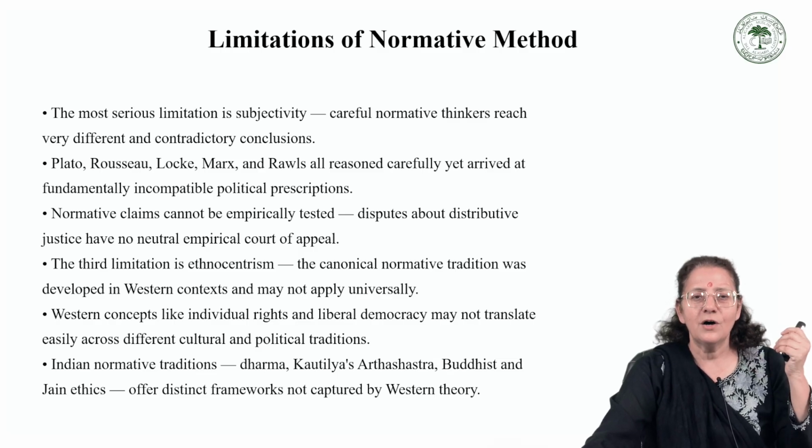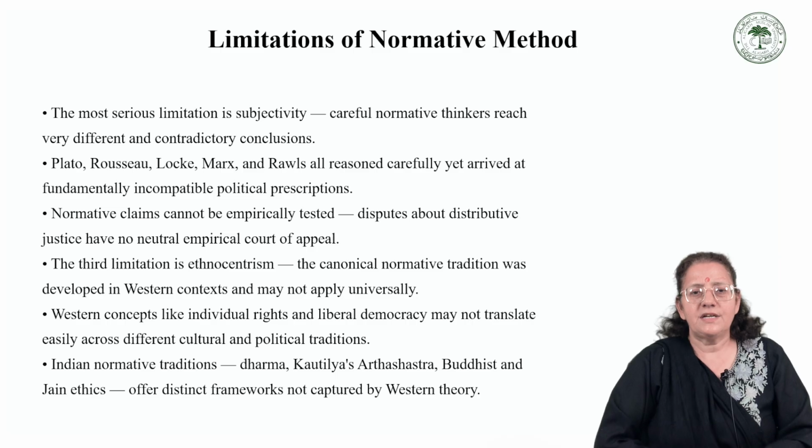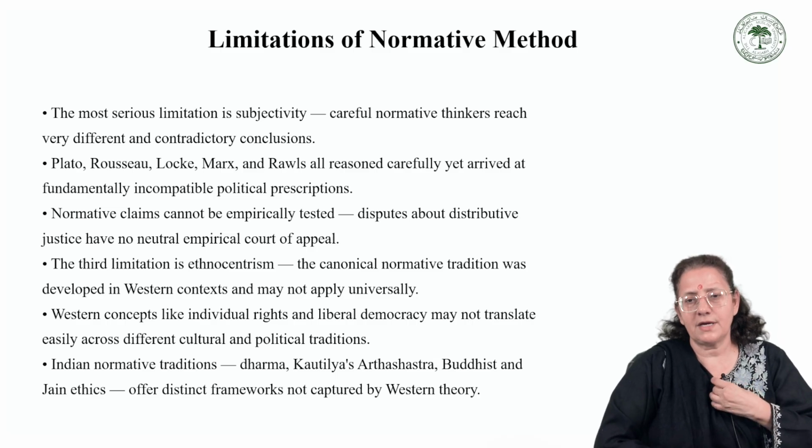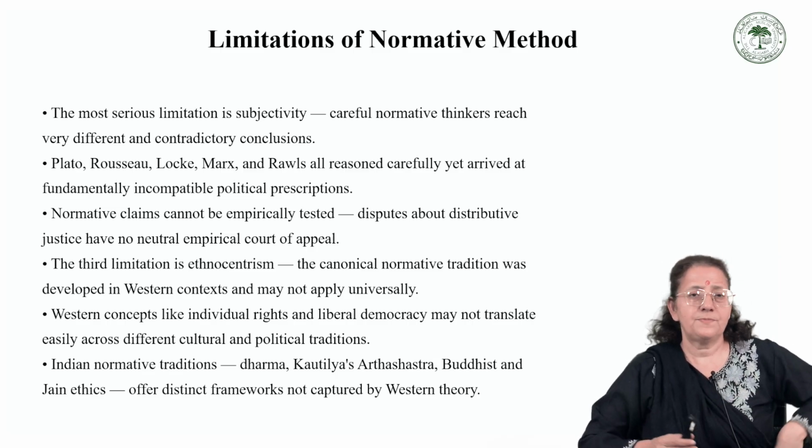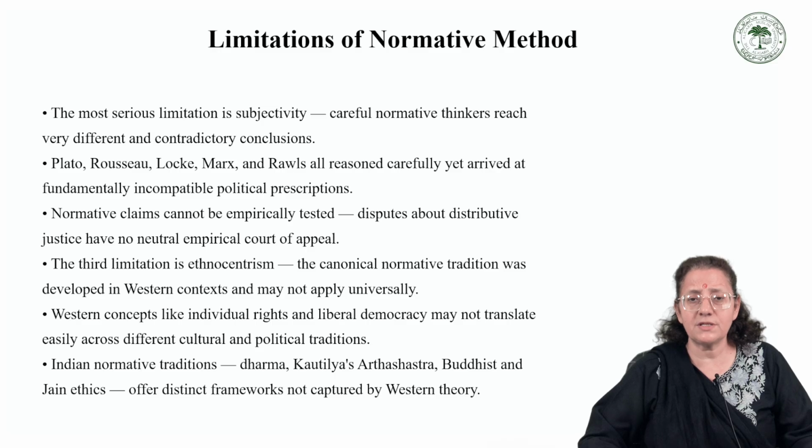The third limitation is the risk of ethnocentrism and cultural bias. The canonical normative traditions developed within a specific Western context, and their central concepts like individual rights, liberty, and democracy have often been criticized for reflecting Western cultural assumptions rather than universal human rights.